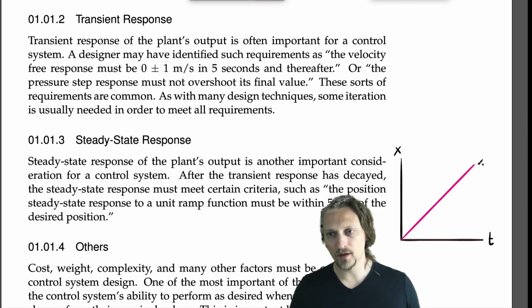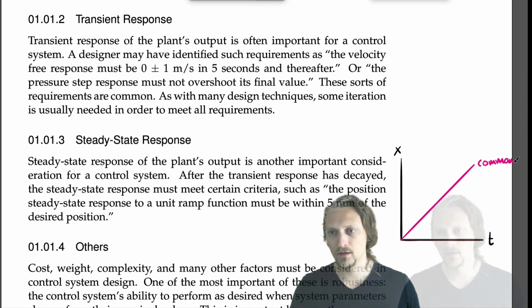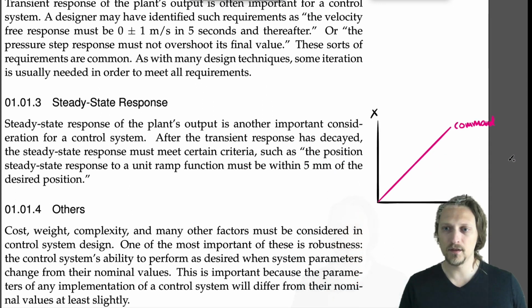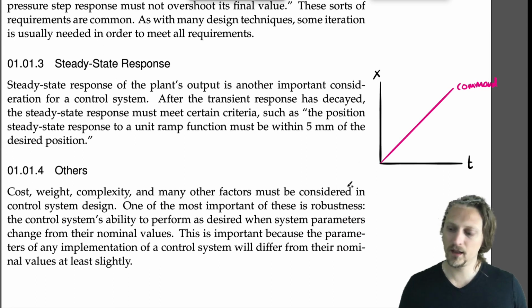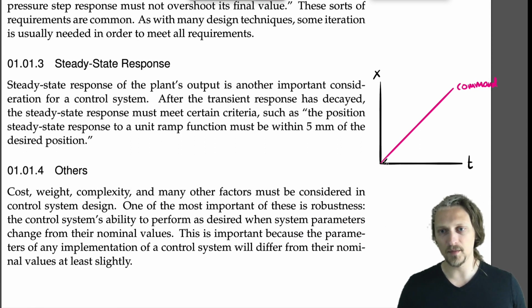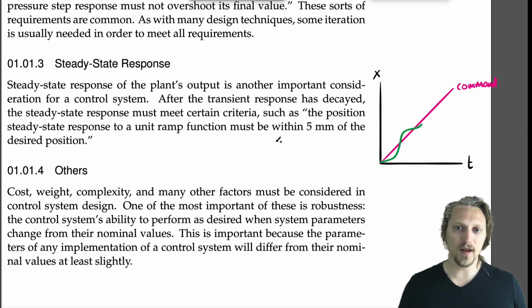Okay, this is maybe our command. And we would like the actual response to, within a certain amount of time, be within a certain distance from the desired position. So maybe this response looks like this, and it oscillates, and within a certain amount of time, we want to be within 5 millimeters of the desired position.